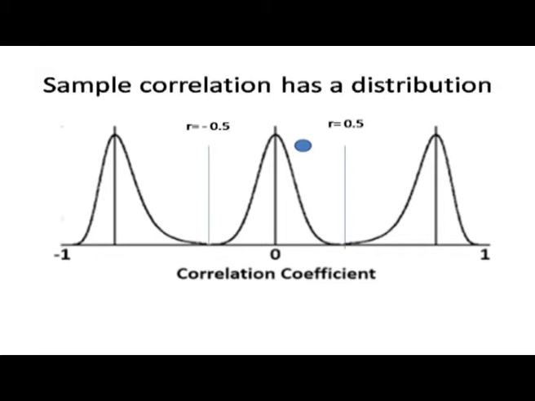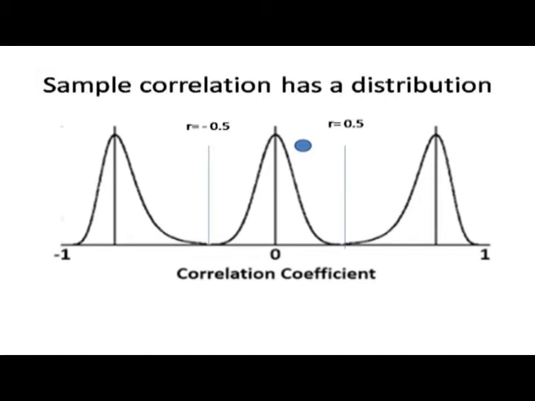Then in the sample you can get 0, you can get a small negative number, a still smaller negative number like this. All these are possible values and their probabilities can be decided by looking at this probability density function of sample correlation. This is the density function of sample correlation when in the population correlation is 0.